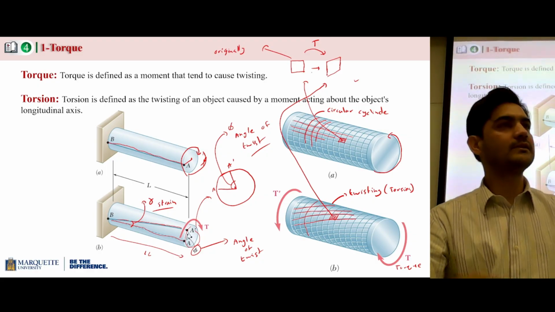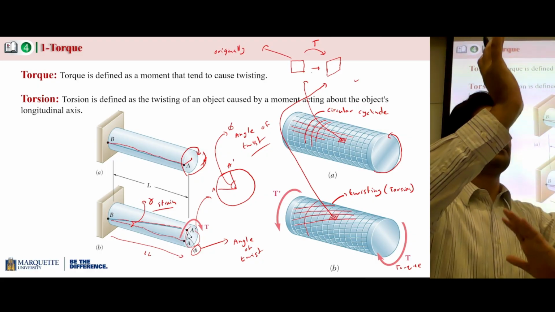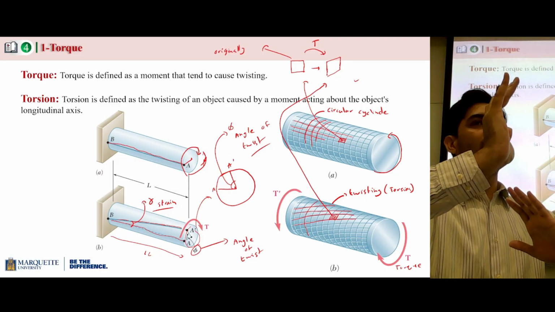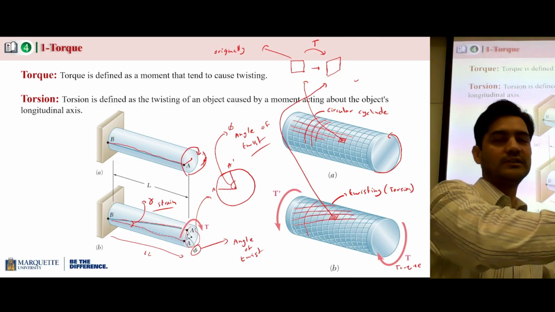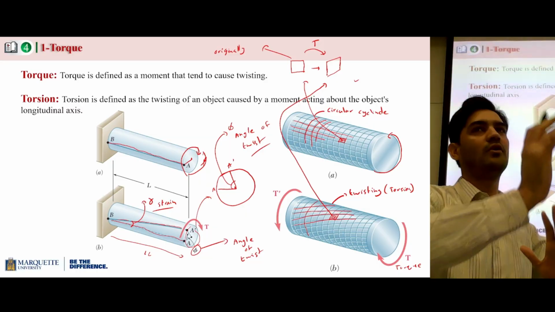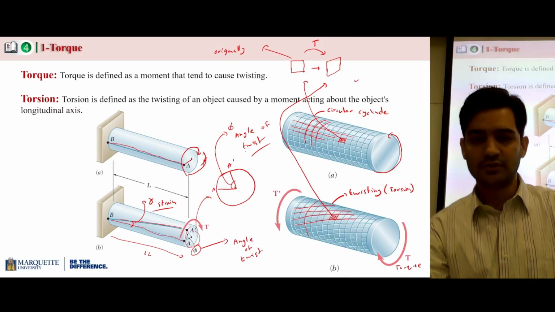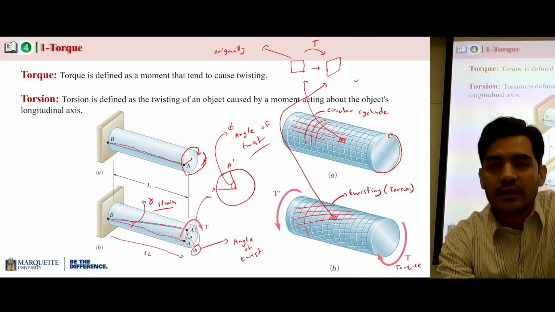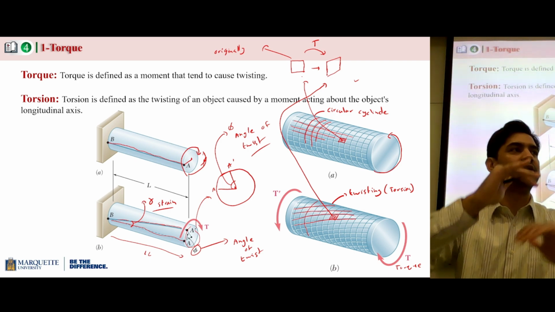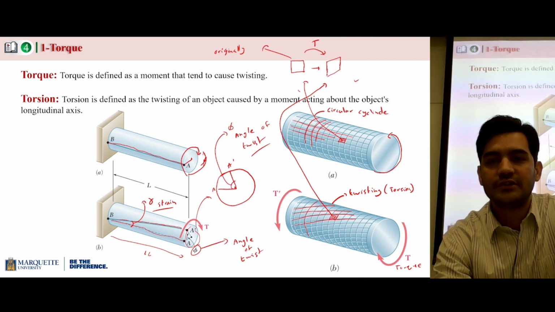You can see it has changed shape. So the question is whether in normal stresses you have a change in shape, or in shear stresses you have a change in shape. In chapter 2 we saw that when you have a change in shape, that change in shape is because of shear stresses.